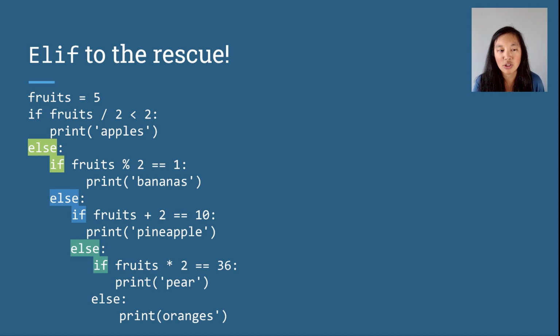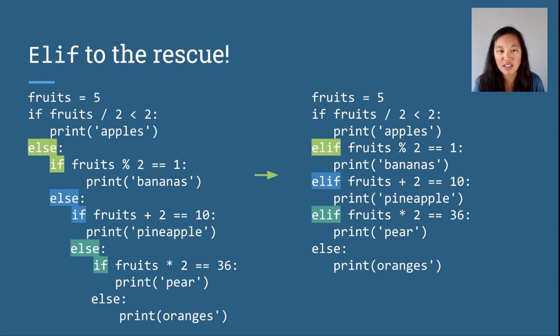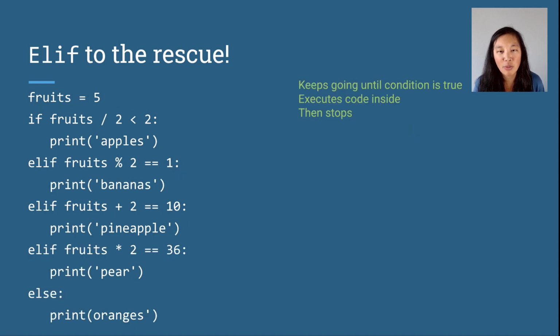How does that actually work? As a recap, we changed all of these else ifs into elifs. So how does that actually work? Well, it's going to keep going down this if, elif, else until a condition is true. And then it's going to execute the code belonging to the if statement or elif statement, and then it'll stop.